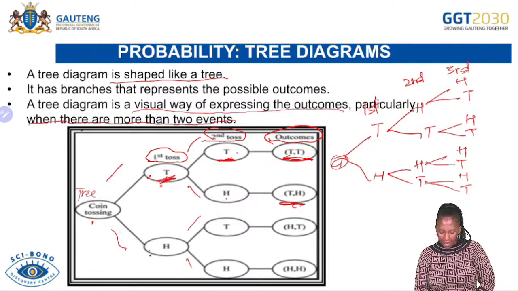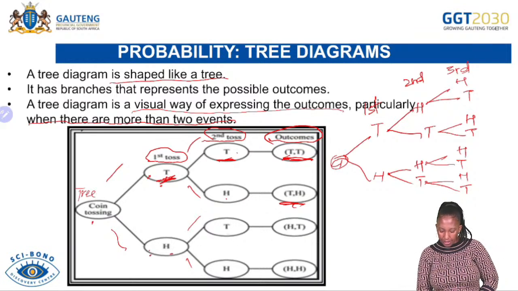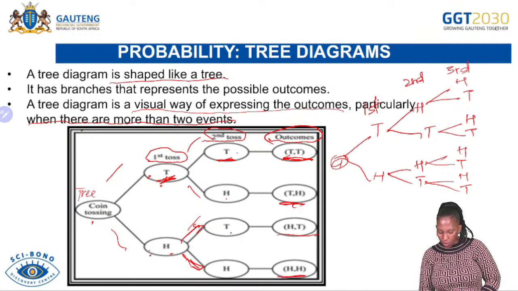And then on the head part, maybe the first coin was on a head, and then you can either get a tail or a head. Now the outcomes for that one will be head, tail. So it goes this way, a head, tail. And then on this one, it will be a head, head. There are two heads.